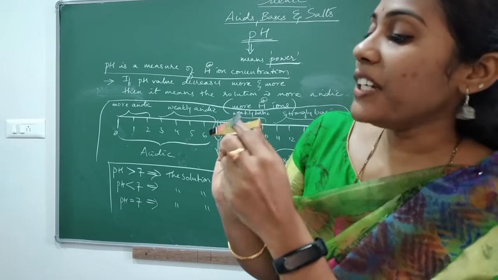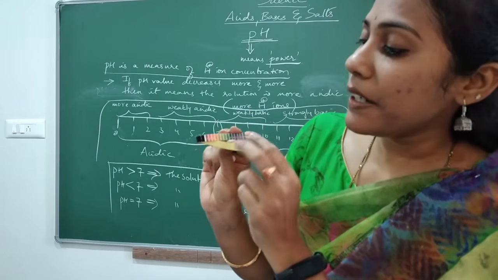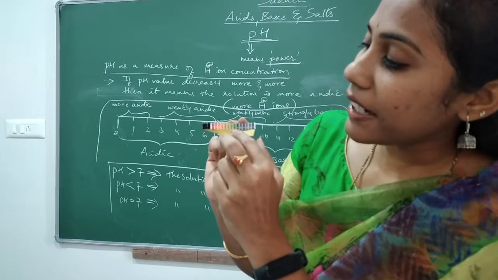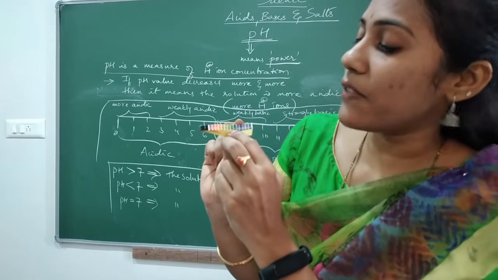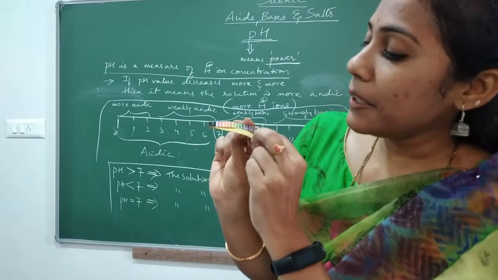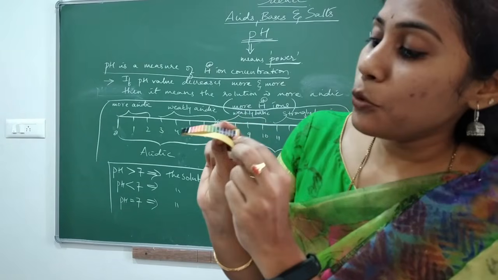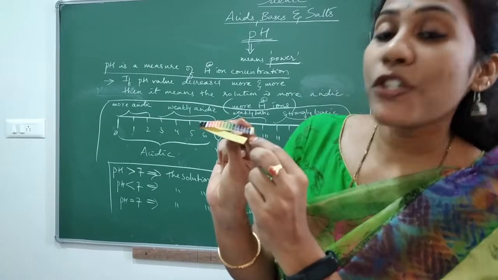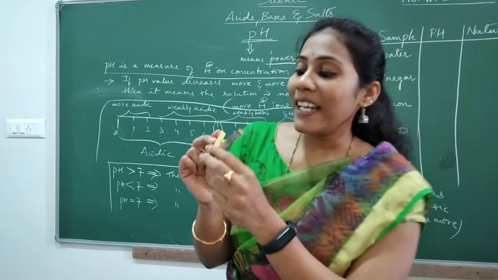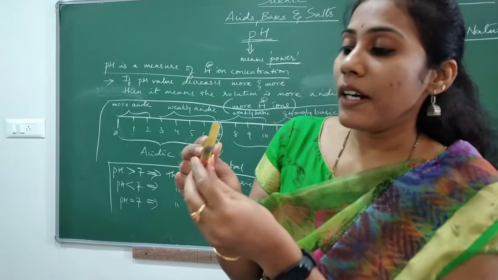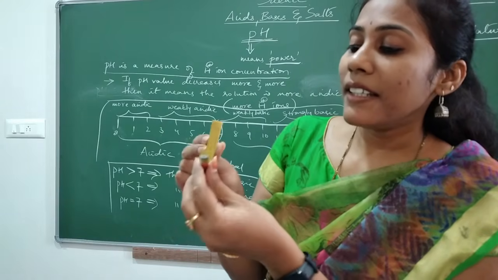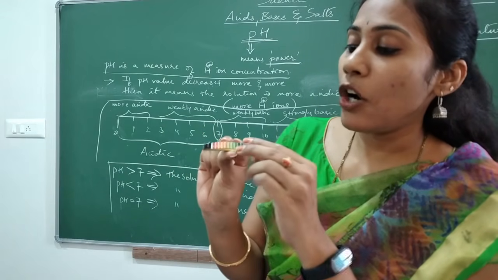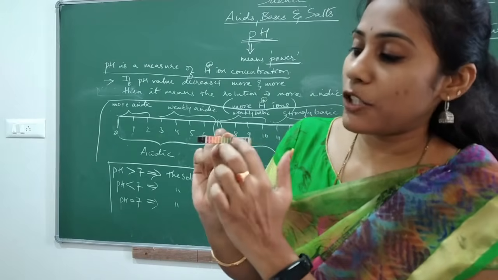If the color of this pH paper turns light green, then the pH value is 7. If the color becomes dark blue, see, dark blue, then the pH of the solution is 14. So with the help of these papers, by their color changes, I can always compare the pH values.